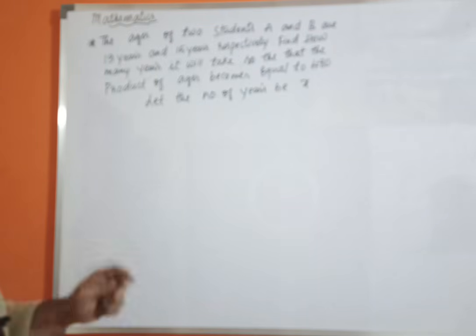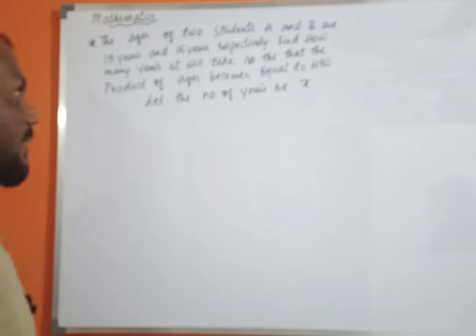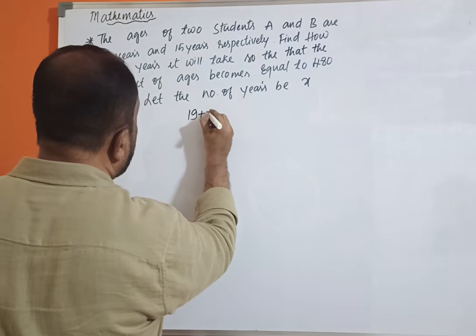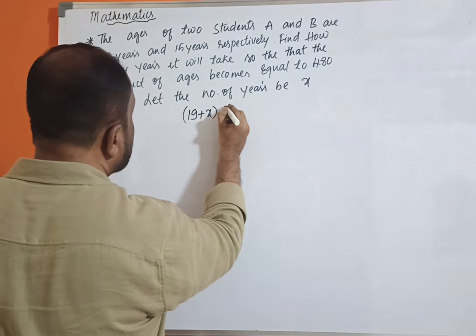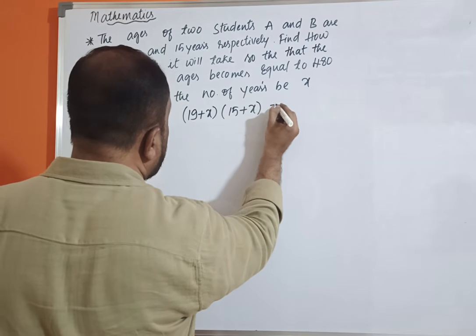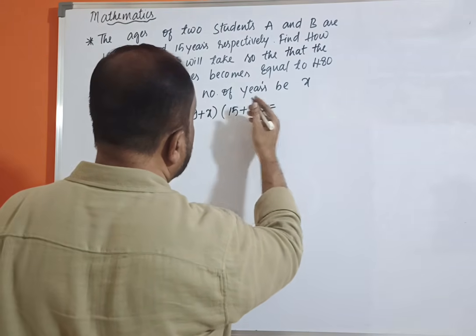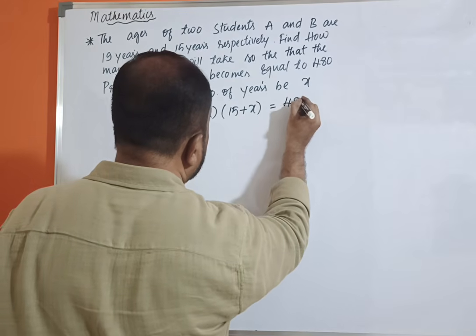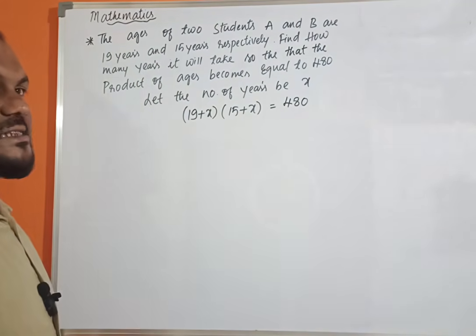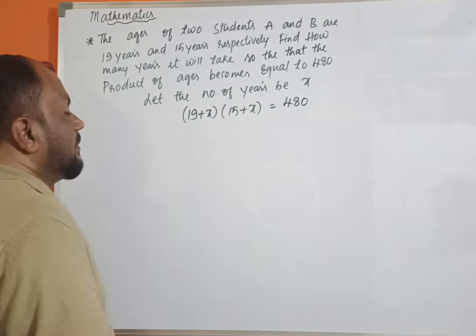So the product of these two should be 480. So now 19 plus x, this is A age, and 15 plus x, this is B age. Both multiplied together give 480. So you need to find out the x value. So now multiply first.